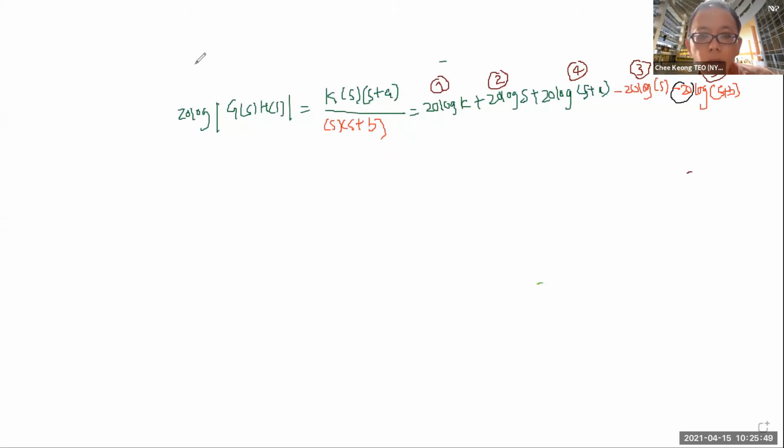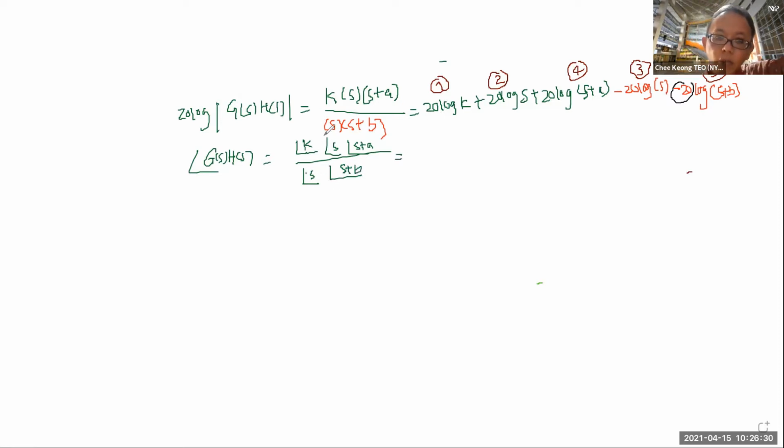Instead of gain, we just look at the phase of G of S, H of S. Of course, if you take the phase, basically it will be the phase of K itself, whether there is any phase, and the phase of S, and the phase of S plus A, over the phase of S again, and the phase of S plus B. So basically it's just the phase.